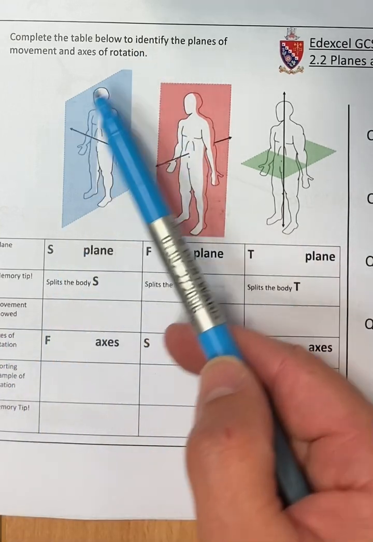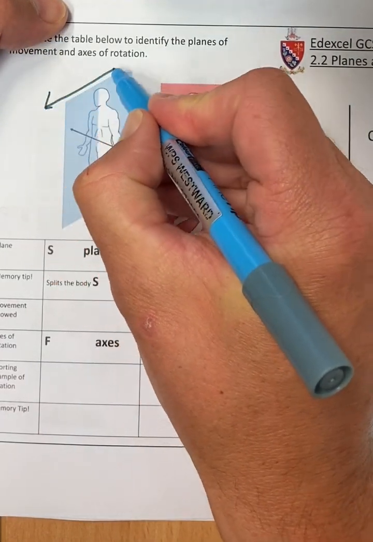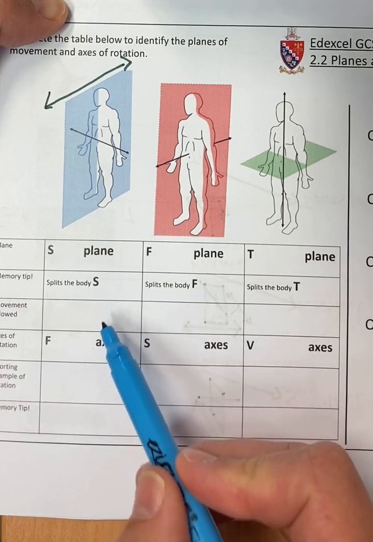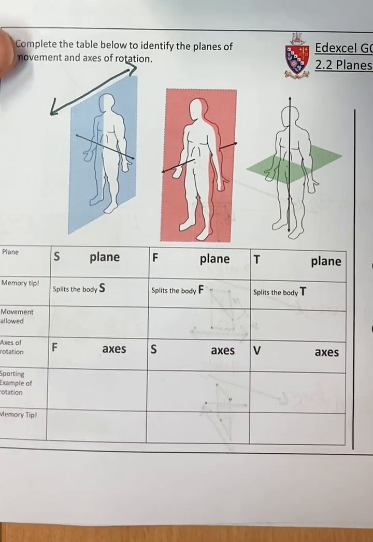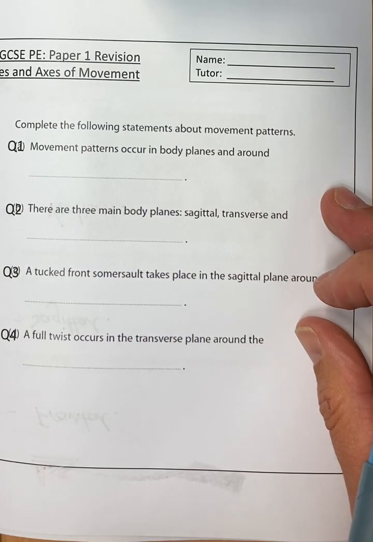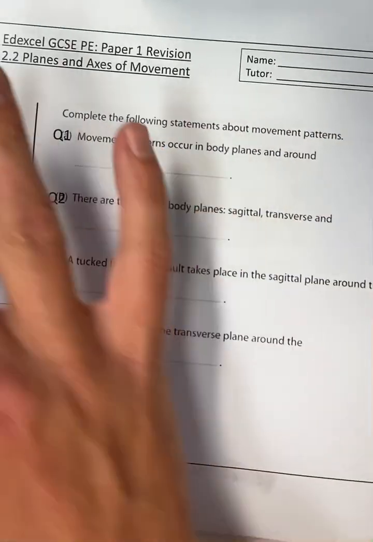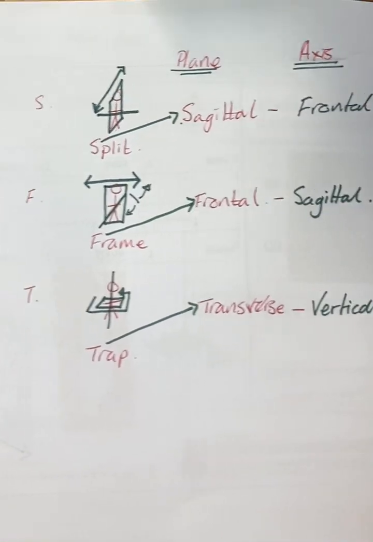So you're thinking sagittal plane, so you can draw the arrow going along the top here, and the movements which are allowed on there are flexion and extension. So you're going to fill these boxes in as you go down using the information on the back page. Once you've done that, these questions are really easy because you've already filled in your stupid flipping test part. So you should be able to do that front page if you can complete that back page with your stupid flipping test bits.